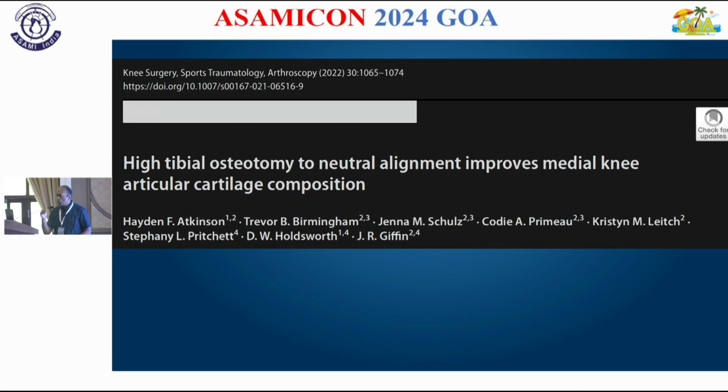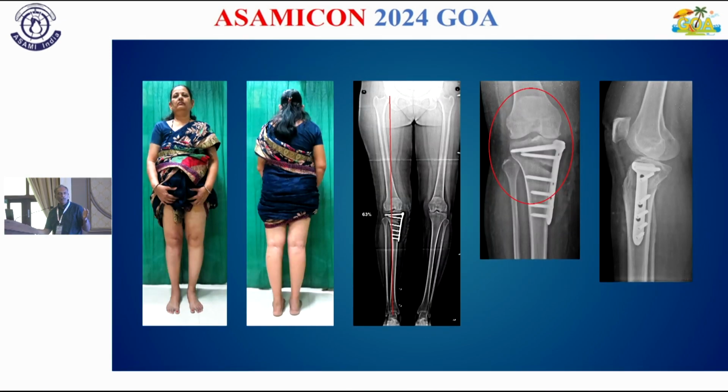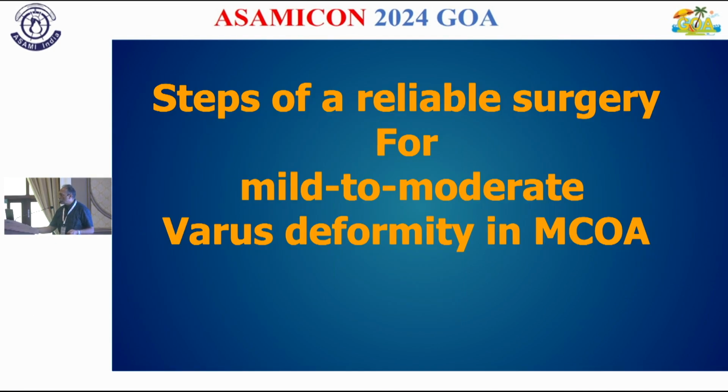So if somebody wants to perform sport at a higher level, do not overcorrect, just take them to beyond neutral. But if they are middle-aged ladies like this, who are not going to perform any high performance activities, then you can safely overcorrect them to the Fujisawa point, and they'll do really well and get good relief of pain for a long time.